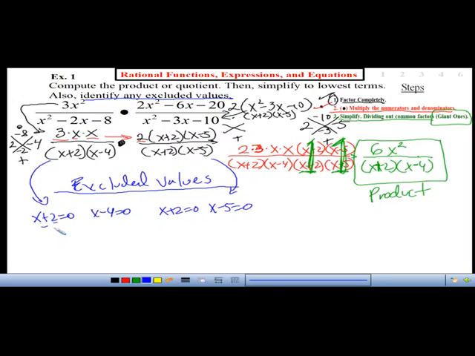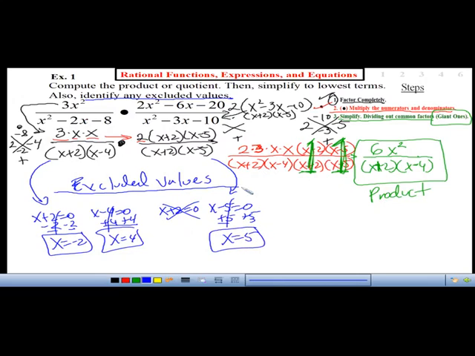So I solve: minus 2, x equals negative 2, plus 4, x equals 4, minus 2. Oh, we already did this one. I don't need to do it again. And plus 5, x equals 5. So my excluded values are negative 2, 4, and 5.